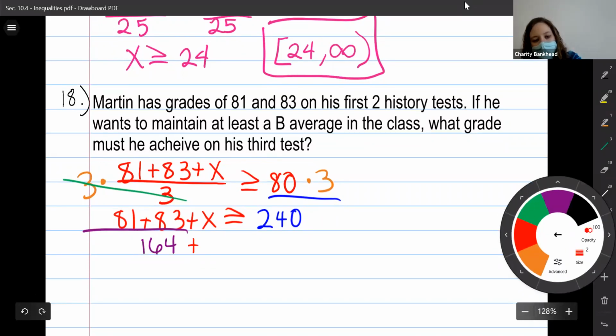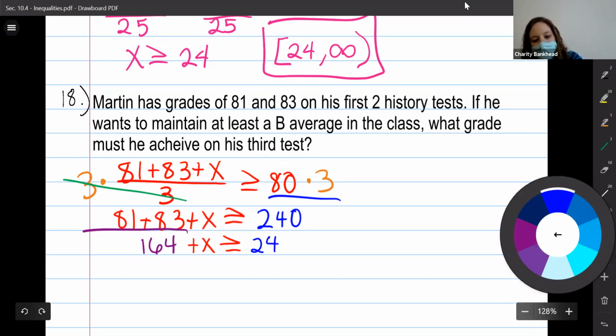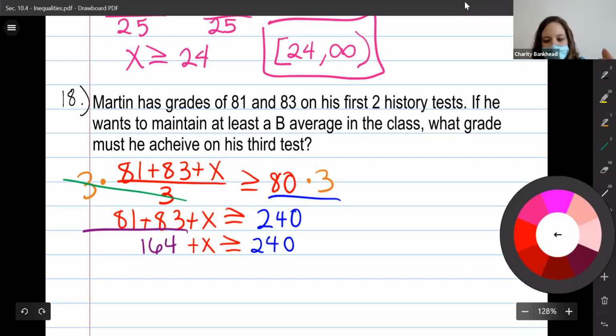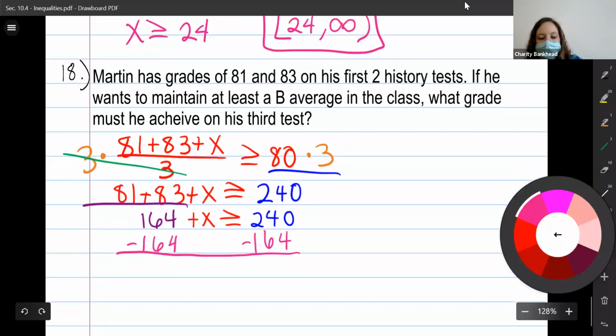So 164 plus X is greater than or equal to 240. And then let's subtract 164 from both sides. So X is greater than or equal to, so that would be 76. So he needs to get at least a 76 on the 3rd test for a B average.